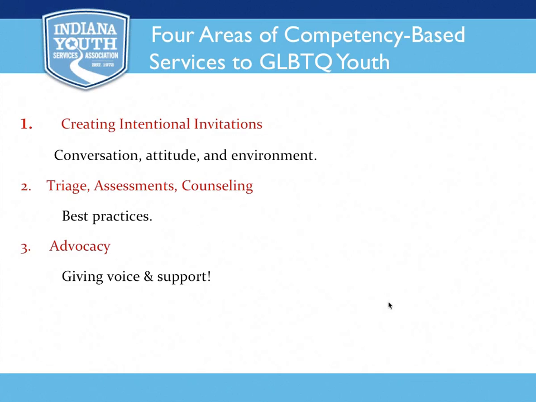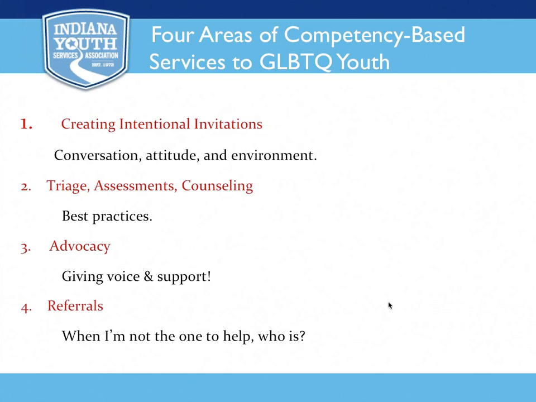Advocacy is the third, because we've already identified that this is a population that is somewhat isolated and experiences rejection at a higher rate. Then it's important to advocate on their behalf and provide that support. The last is referrals.